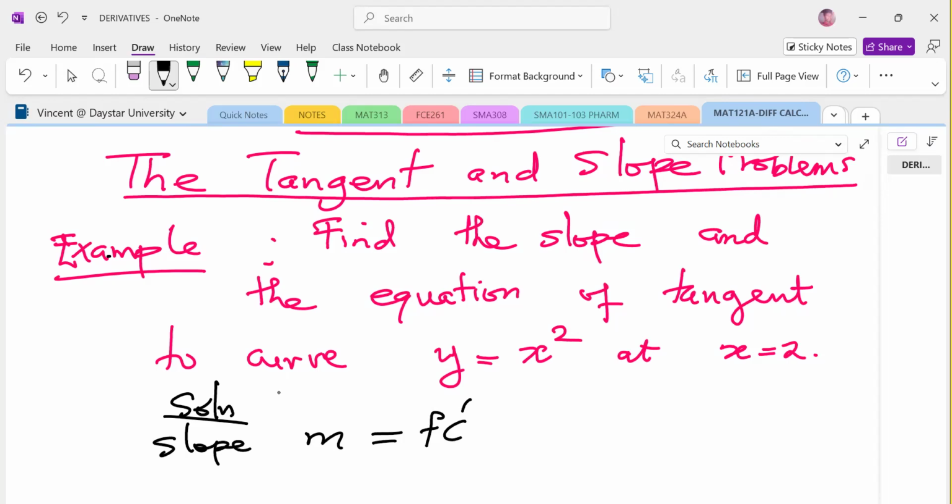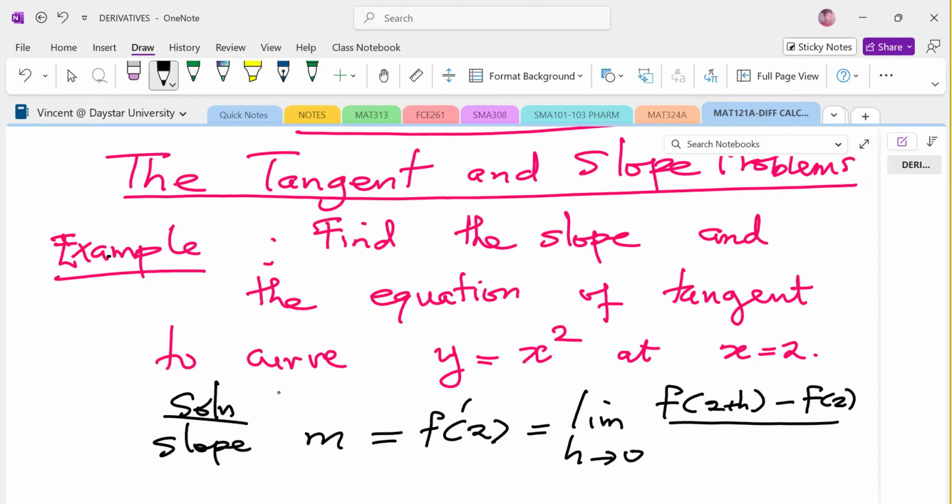Now at this point, we have the point at x equals 2, which will be the limit as h approaches 0 of f of 2 plus h minus f of 2, divided by h.